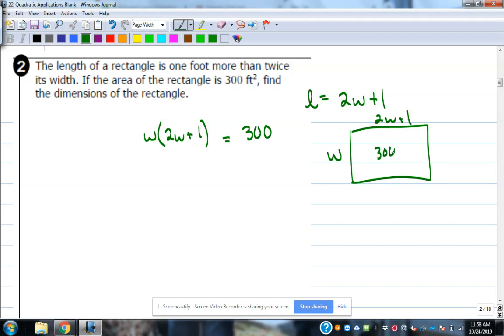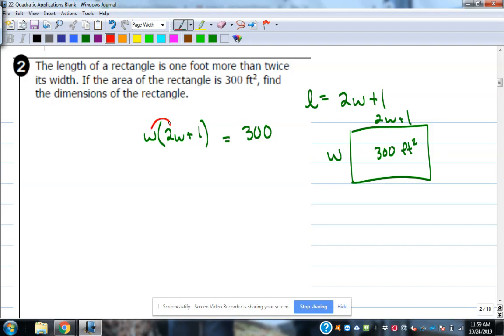And then it's 300 square feet. Some of you that have done some Khan Academy have seen some pictures that were similar to this on there. So you were really doing some application problems, you just didn't know it. Maybe a little less work on your part to get the equation. So what do we do next?